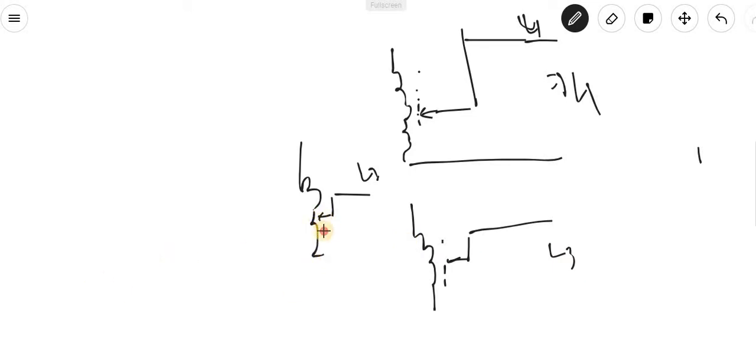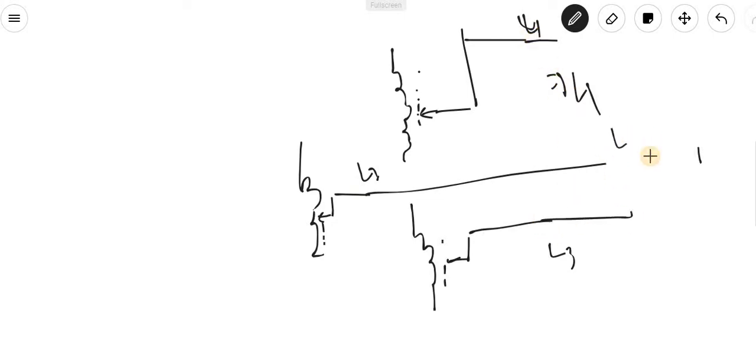So this is the variable point. This point and this point we can consider as a common point. This will go to the line, the lines L1, L2, L3.